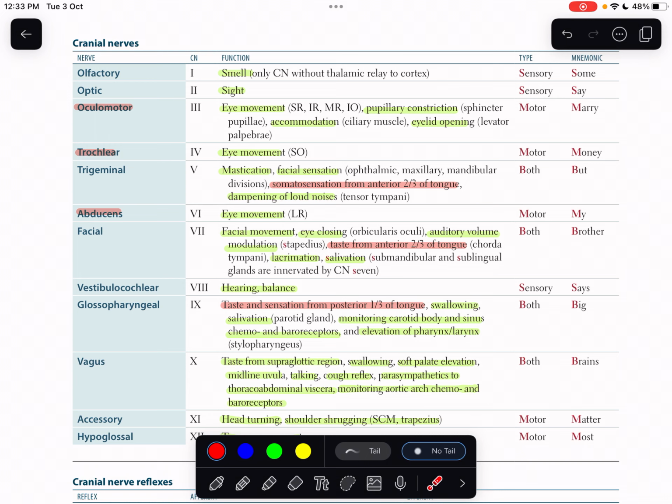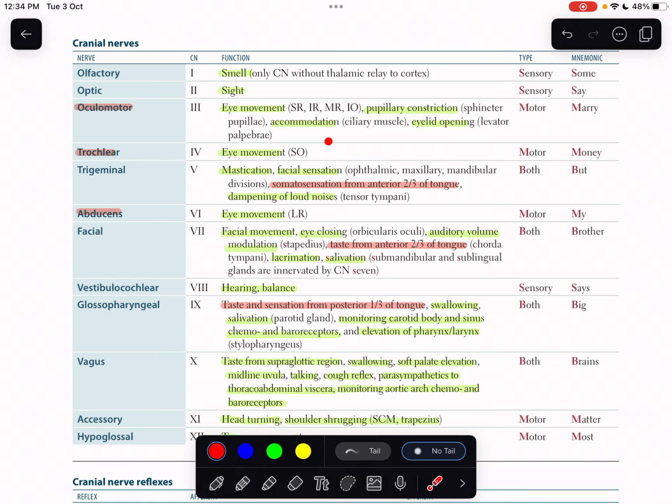Okay, facial, the seventh cranial nerve, as the word facial says, is related to the face. So it is involved in facial movement and eye closing. There's a difference between eyelid opening and eye closing. Whenever someone asks you, eyelid opening is by levator palpebrae.